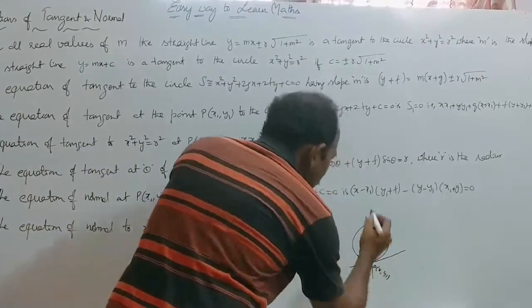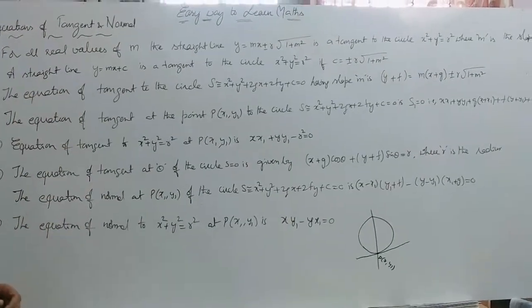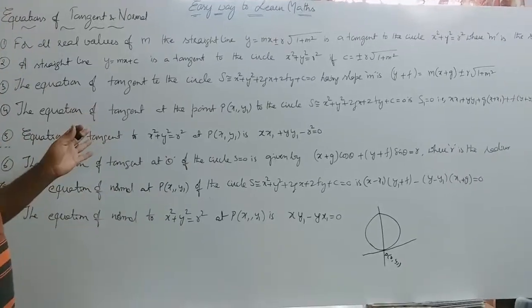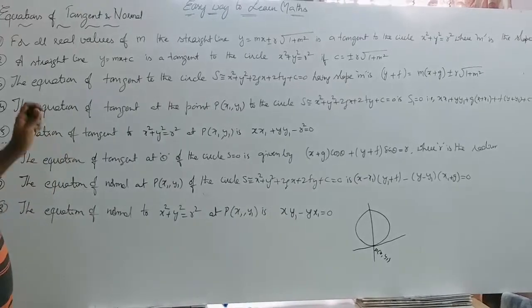This is called the normal. Now, these are the formulas relating to equations of tangents and normal, which you have to remember and keep in your mind. No other alternative.